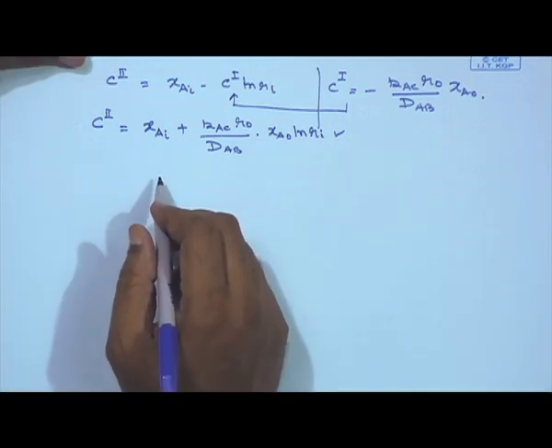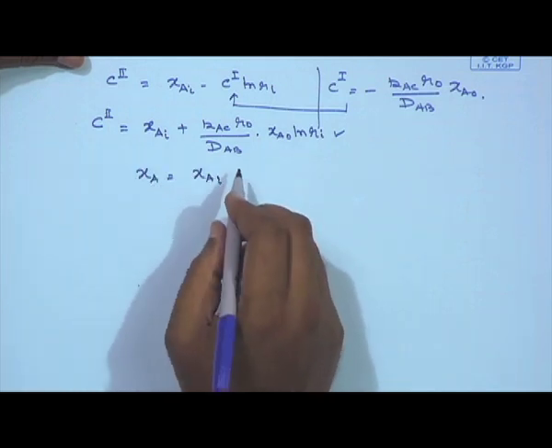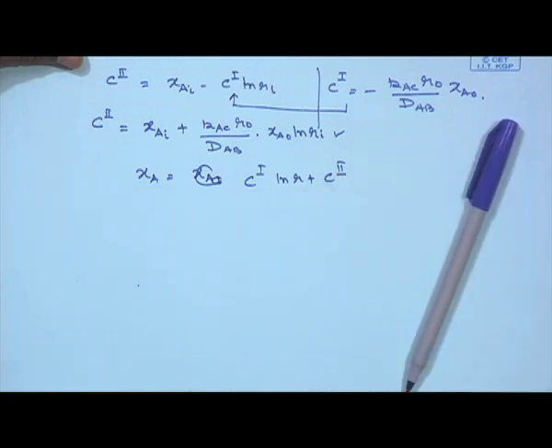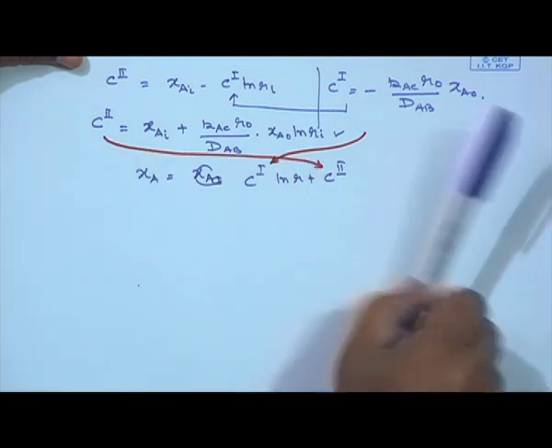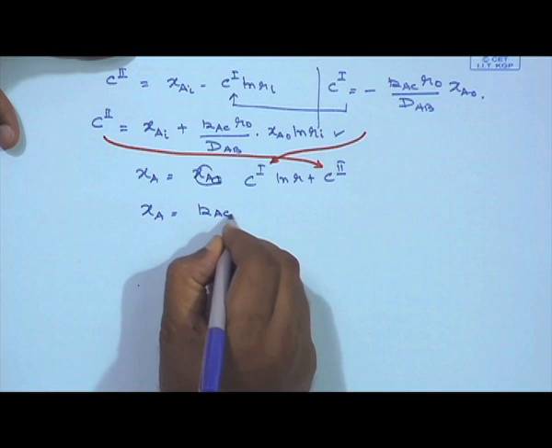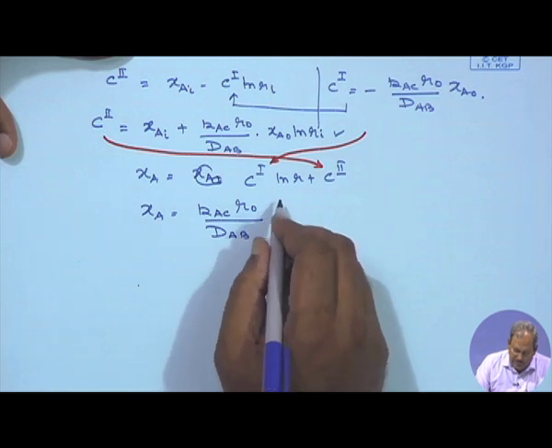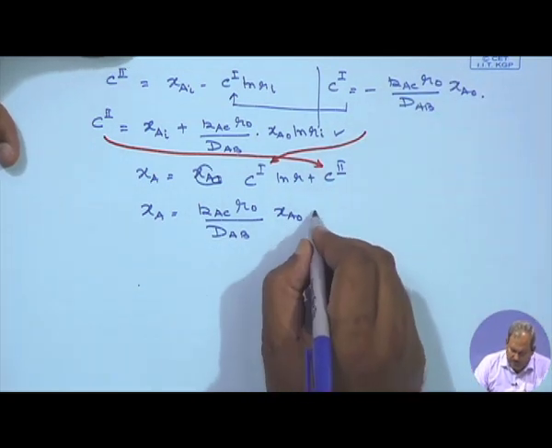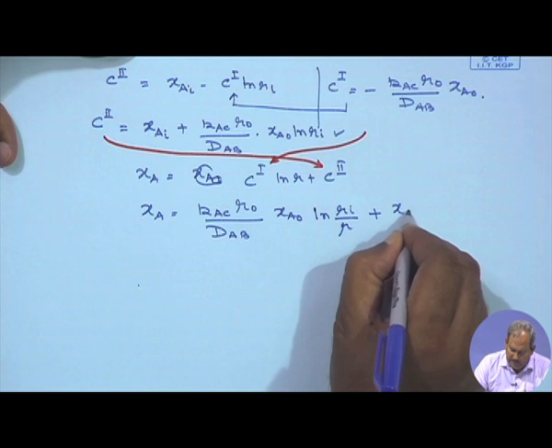So, if I go back to my original expression of XA to be equal to C1 ln r plus C2, and plug in the values of C1 and C2 in here and do a little bit of simplification, what you are going to get is XA is equal to Kac R naught by dAb times XA0, which is the expression for C1, times ln rI by r plus XAI.